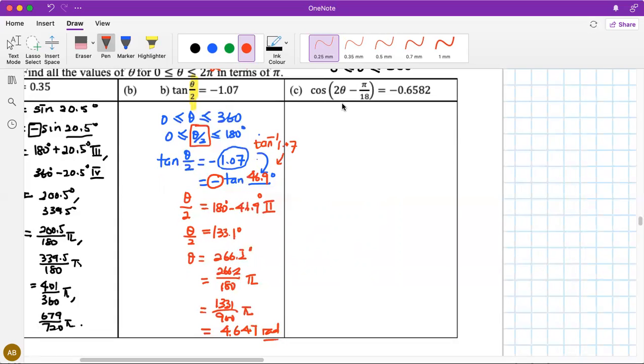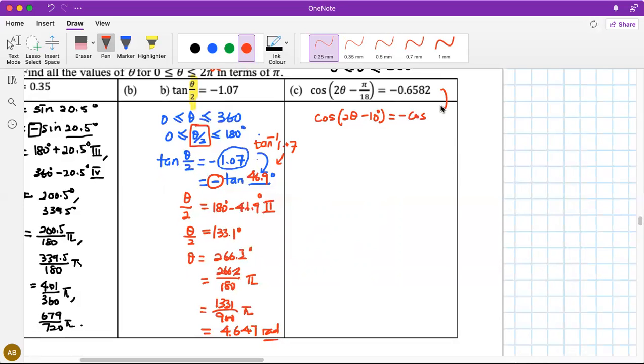Okay. So cos 2 theta is minus pi over 18. So what is cos 2 theta? You can use the calculator: 180 divided by 18, so you get 10 degrees. That means minus 10 degrees. So it is equivalent to negative cos.